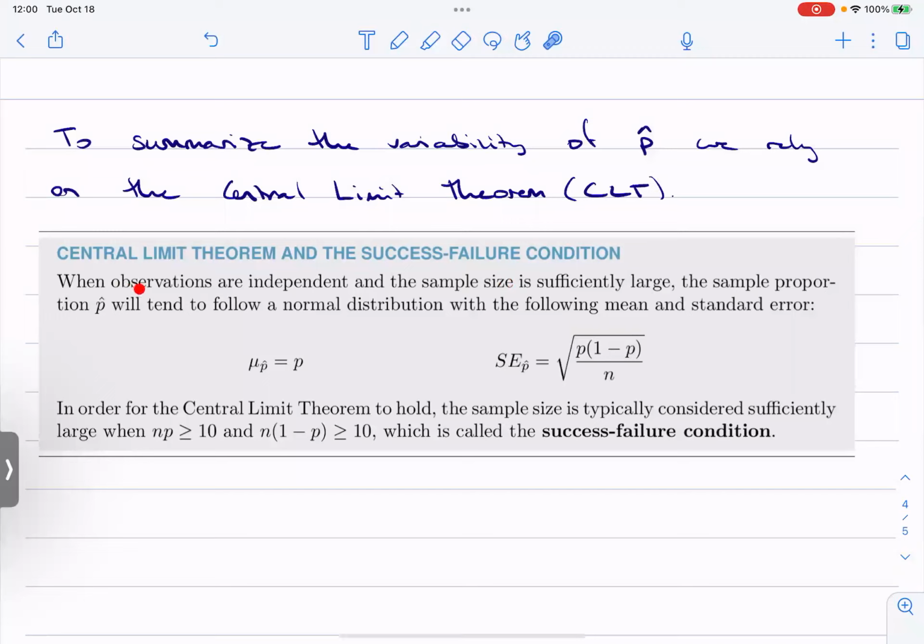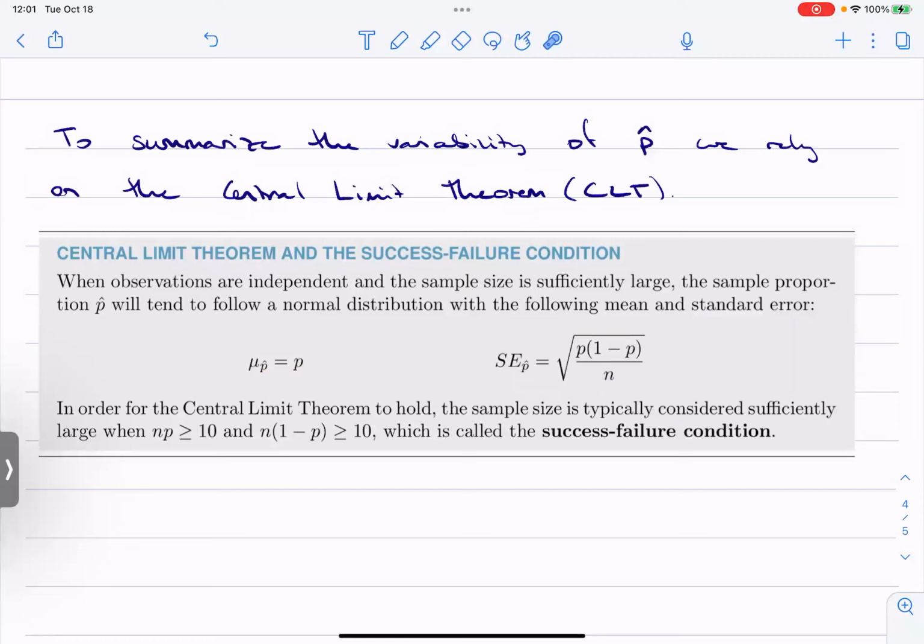Because when observations are independent and the sample size is sufficiently large, the sample proportion p-hat will tend to follow a normal distribution, ta-da, with the following mean and standard error: mean of p, which is the population proportion, and the standard error of p-hat is the square root of pq over n. Like I said, we'll dissect that.